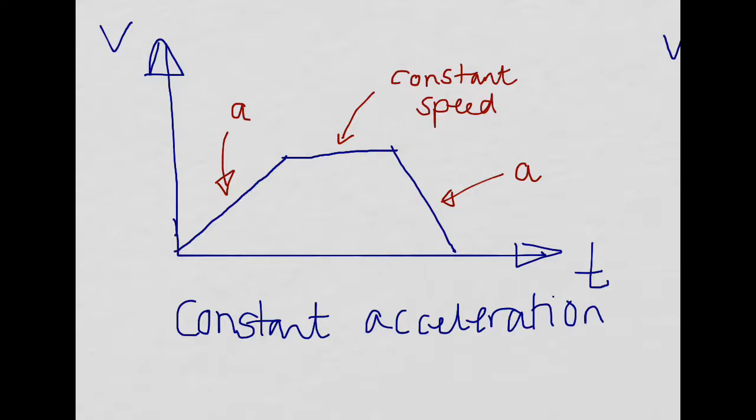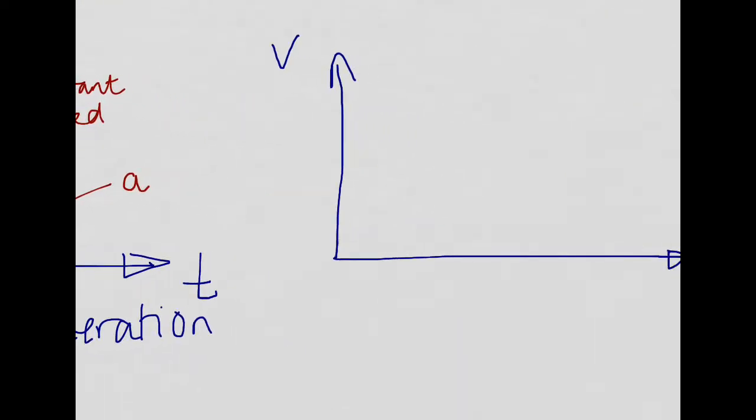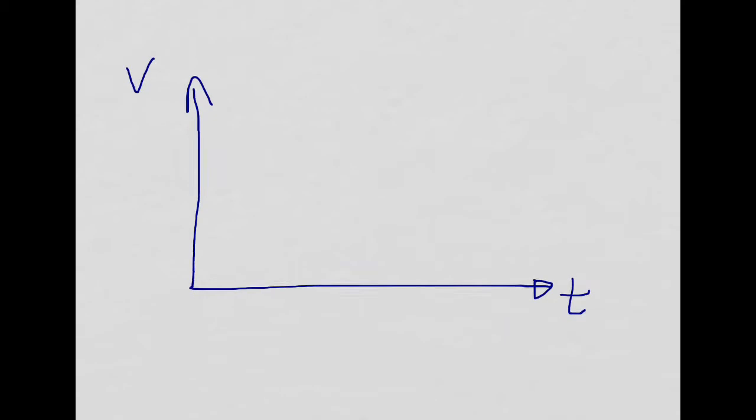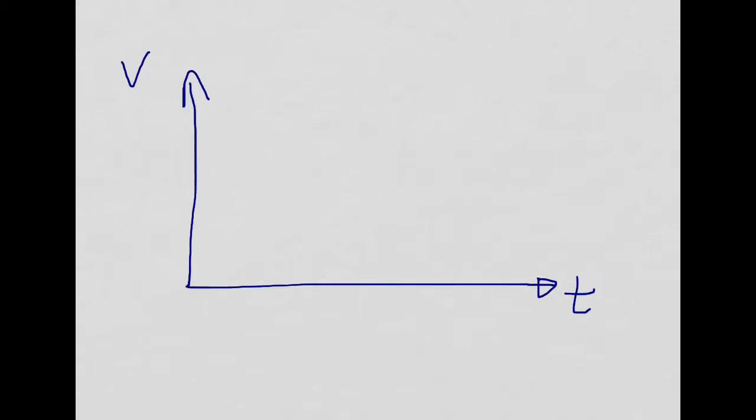Which moves us to what does variable acceleration look like? Well, if we go to a new diagram, variable acceleration would be a curve. And there is acceleration, but this acceleration is varying.